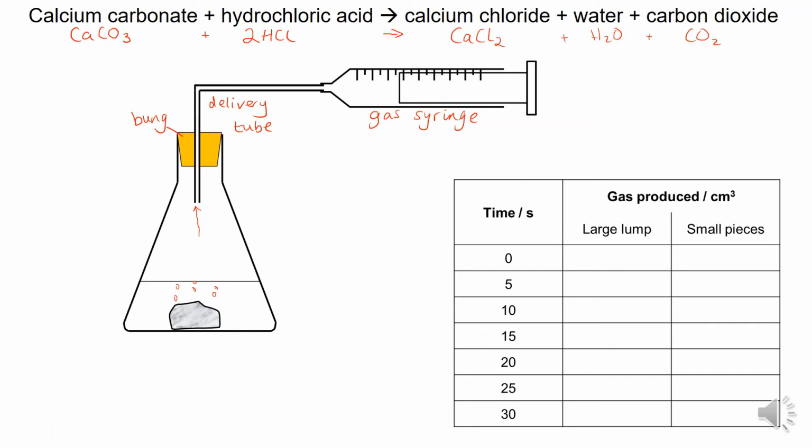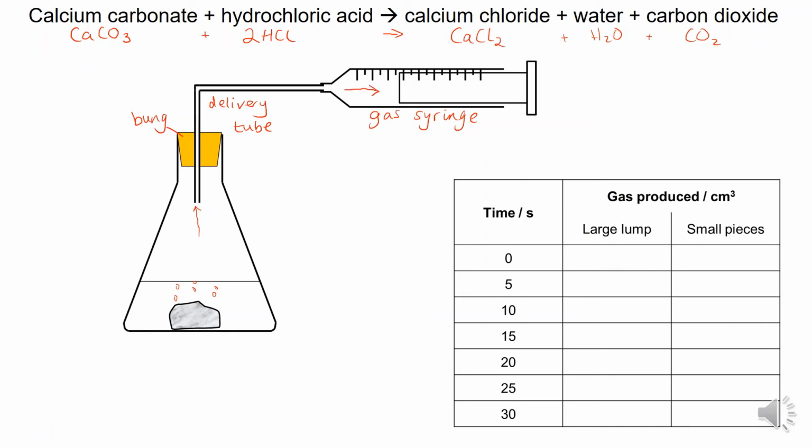And the gas travels up the delivery tube and is collected in the gas syringe. Now we start off with the gas syringe as close to this end as we can. And as the gas goes into that gas syringe, the plunger of the syringe is pushed outwards and it enables us to measure the gas being produced.